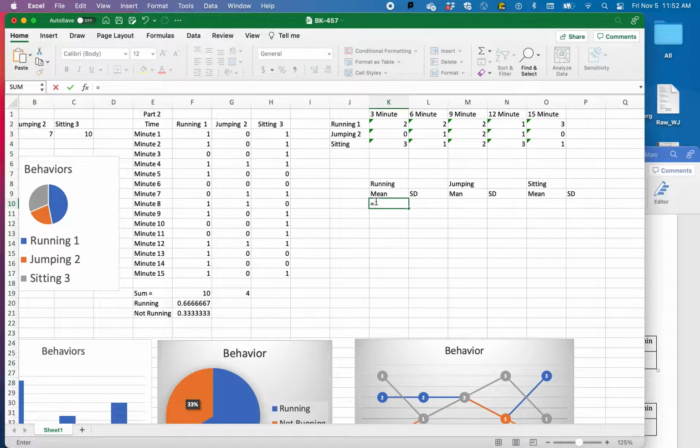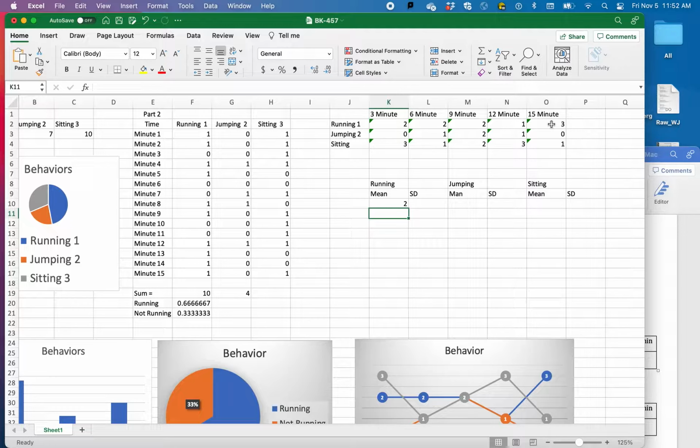So to find the mean, it's actually just start to type in the average, and it comes up right here, average. Highlight that. And again, just going in and highlighting each of the columns that you're interested in looking at. This is K2 through O2, and hitting enter, and we see that the mean for running was 2.